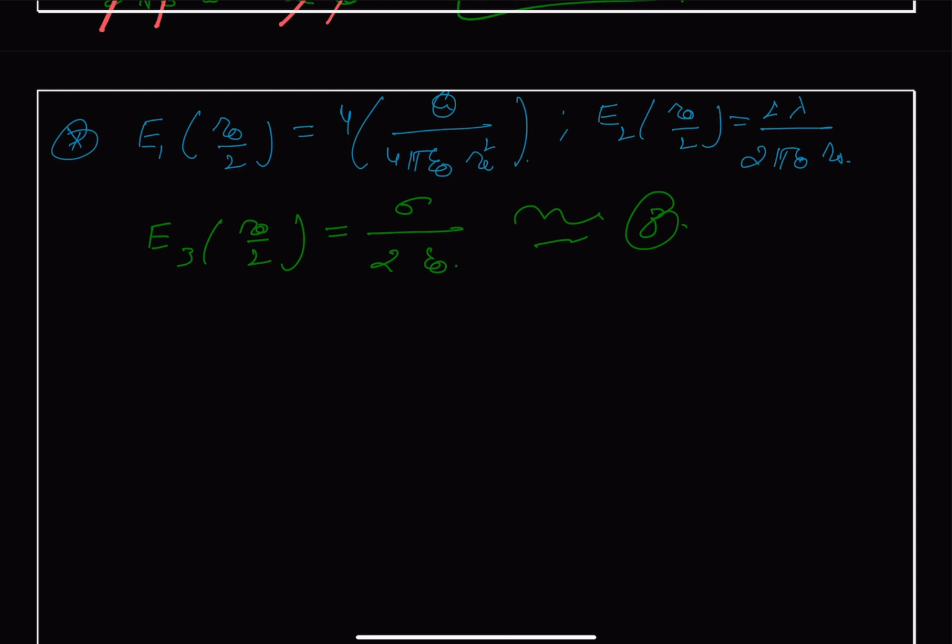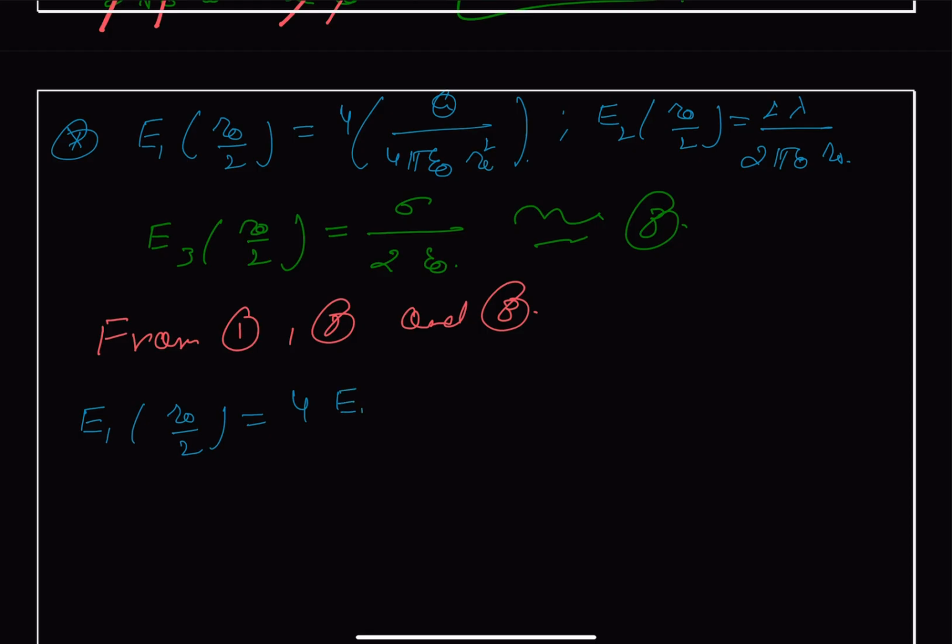So from equations 1, 2 and 3 we get that our E1 at R naught by 2 will be equal to 4 times E1 times R naught, and that is equal to twice E2 at R naught by 8.